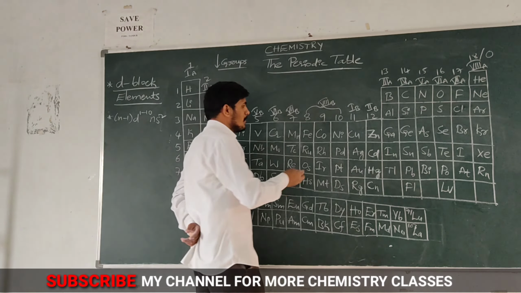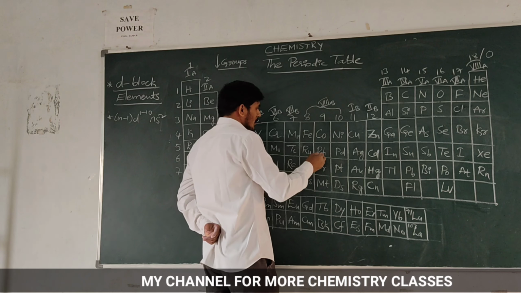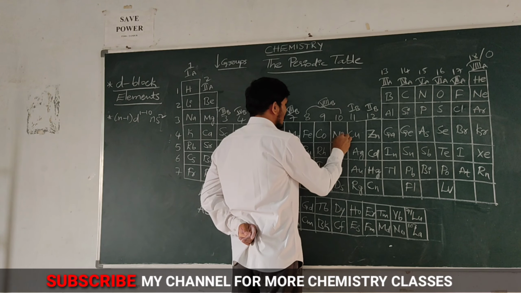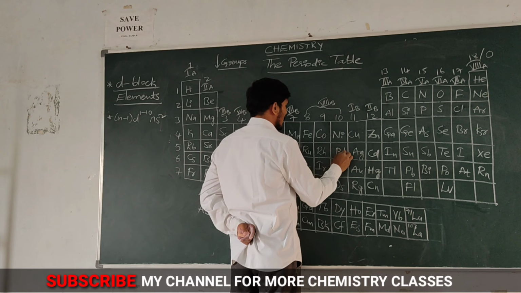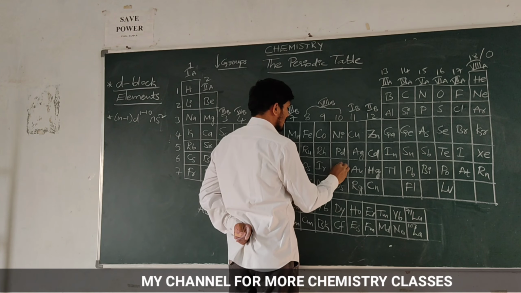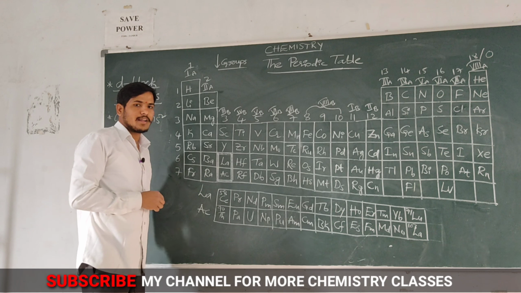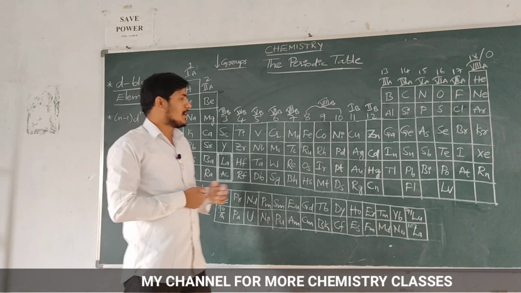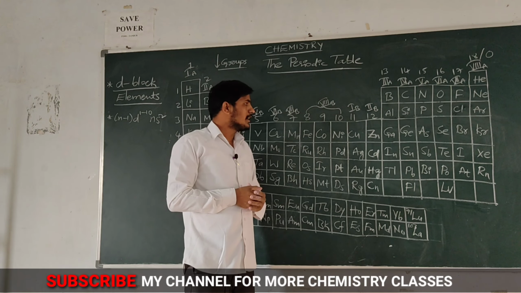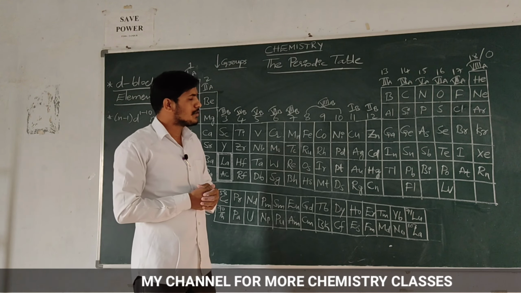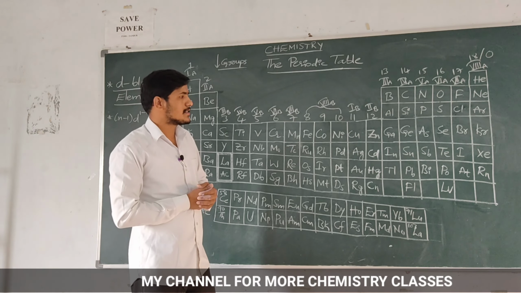Here, the 10th group elements, that are nickel, palladium and platinum, are used as catalysts in a number of organic and chemical reactions. So that's why 10th group elements are called catalysts.